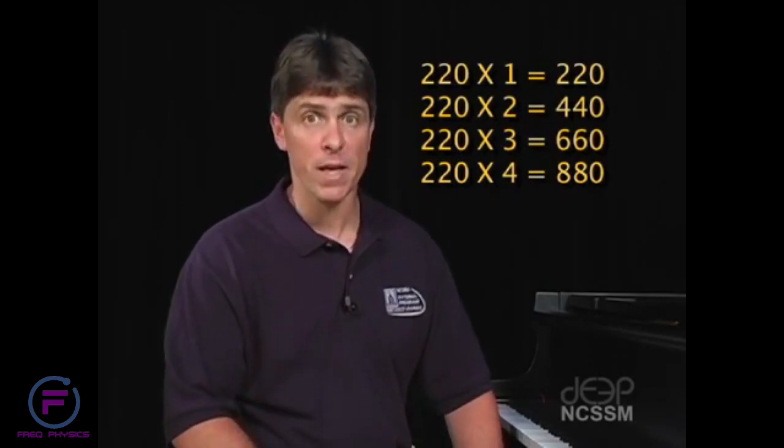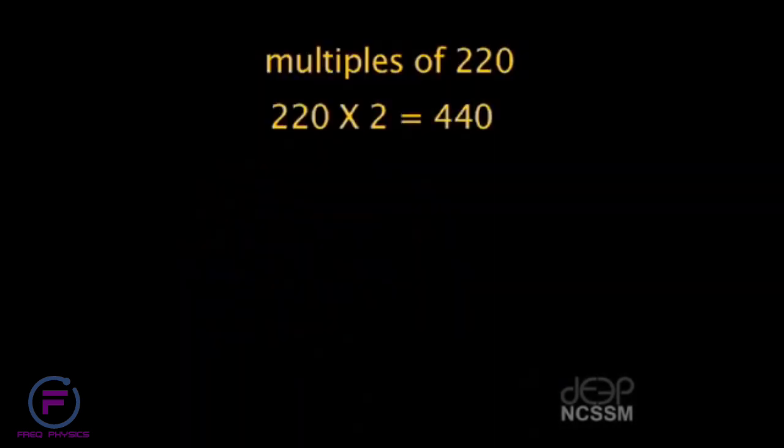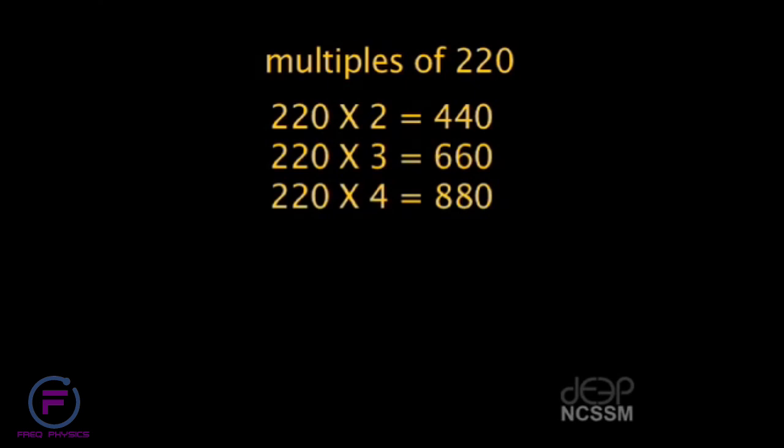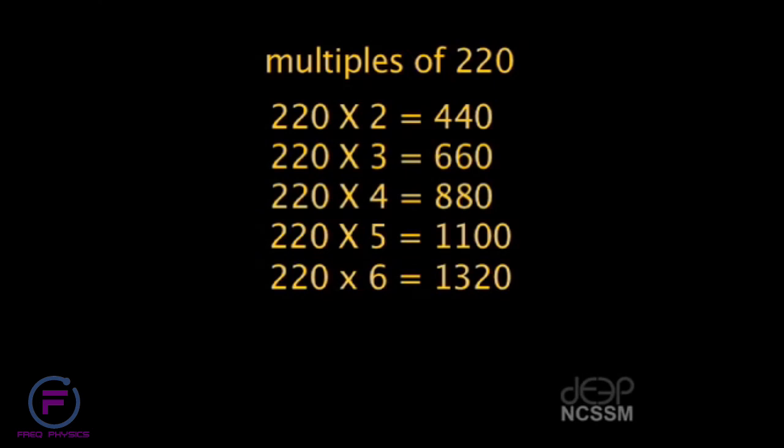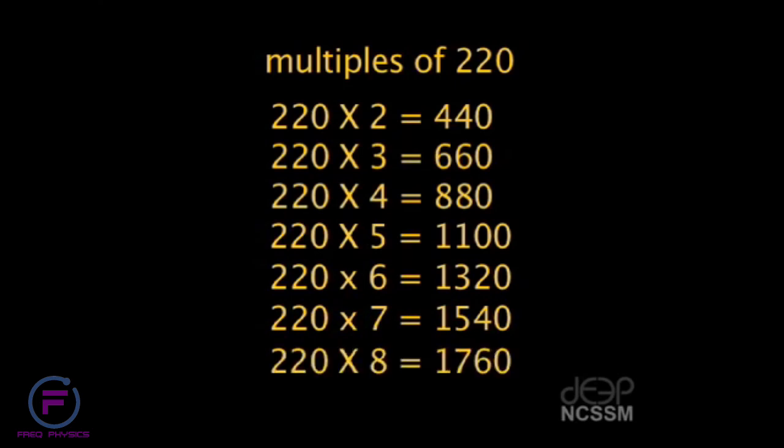Multiples of 220 include the following numbers. 220 times 2 equals 440. 220 times 3 equals 660. 220 times 4 equals 880. 220 times 5 equals 1,100. 220 times 6 equals 1,320. 220 times 7 equals 1,540. 220 times 8 equals 1,760.